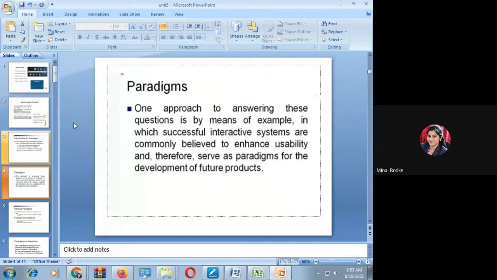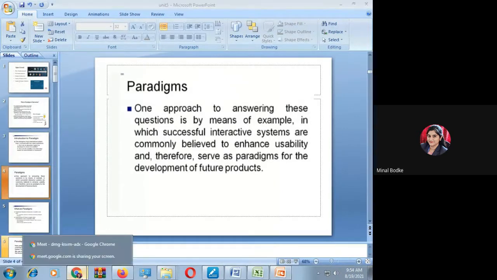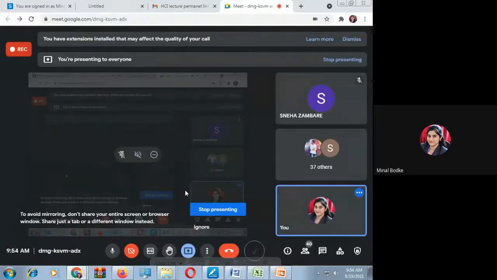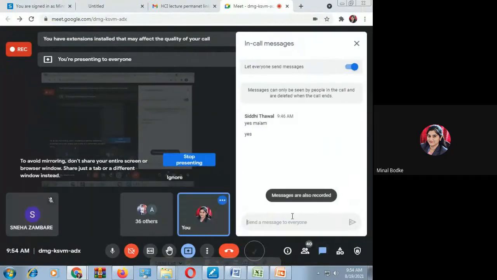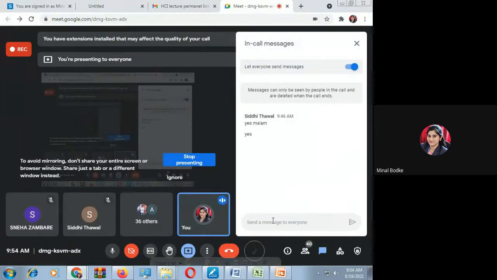Then in the second generation, how was the interaction and how has it improved up till now? Can you tell me the generations of computers?